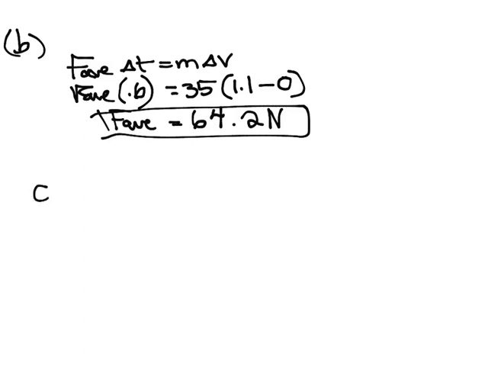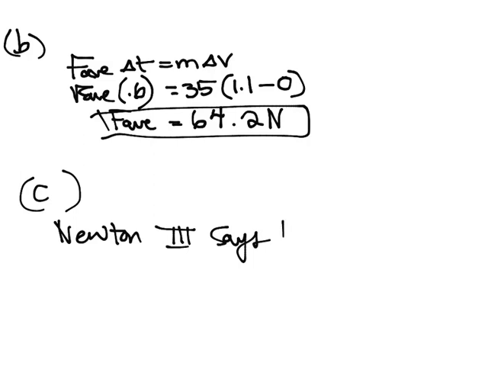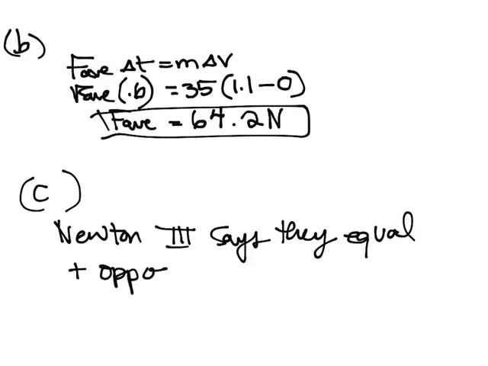Okay, part C, it's asking how the force on the mother should compare to the force on the son. Now because they are a Newton's pair force, we know from Newton's third law that we should have equal and opposite forces.